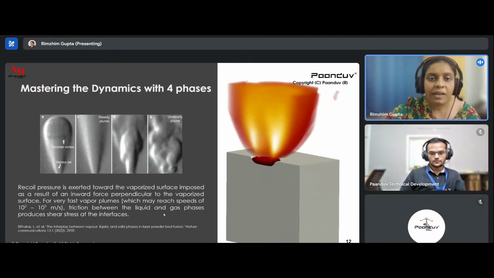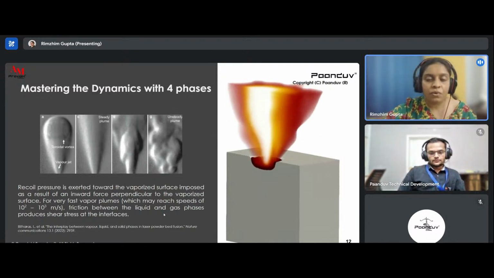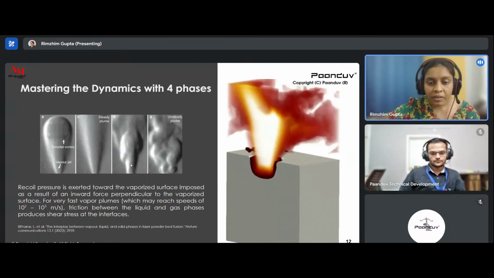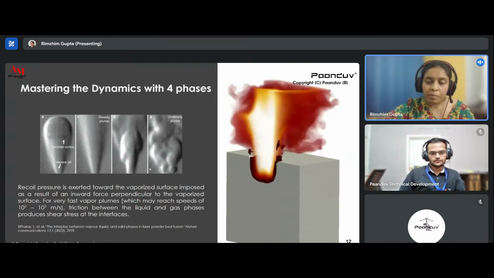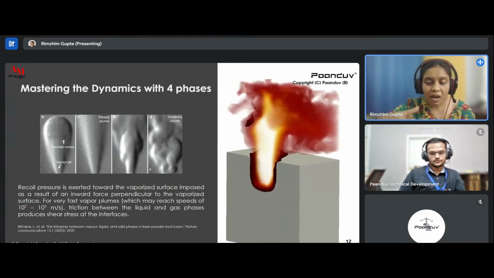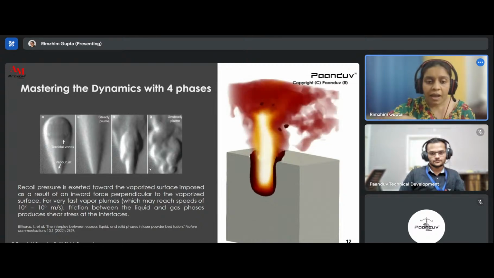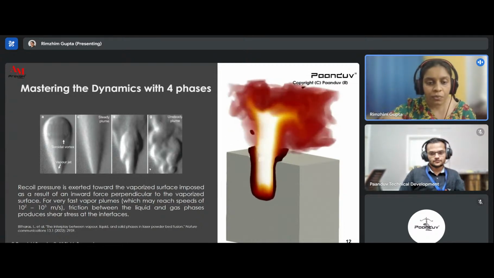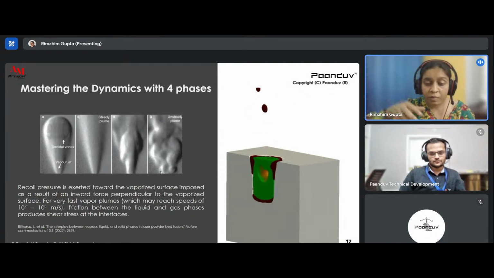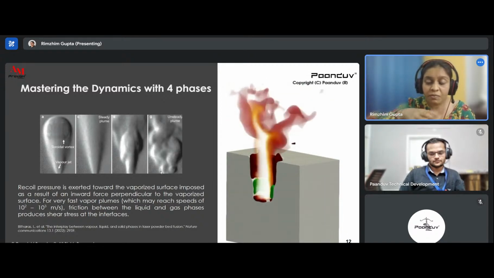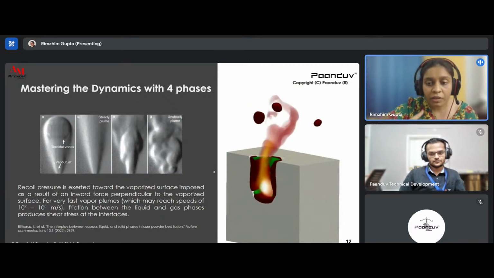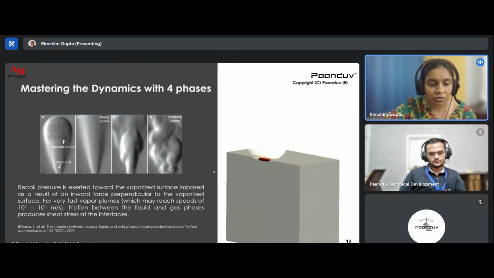Now again, highlighting why the four phase system is important: when the temperature reaches the vaporization temperature, the vapors start forming, and they exert an inward force onto the vaporized surface, which is perpendicular to the vaporized surface. The temperature and the velocities can be much higher in those regions.